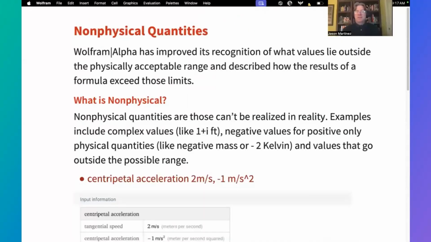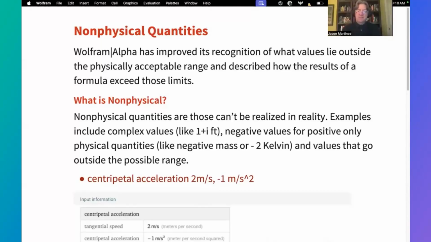All right. Getting back to the formulas themselves, we've also been adding some functionality to allow Wolfram Alpha to recognize when a result or an input is non-physical, where it's beyond the physical realizable limits.